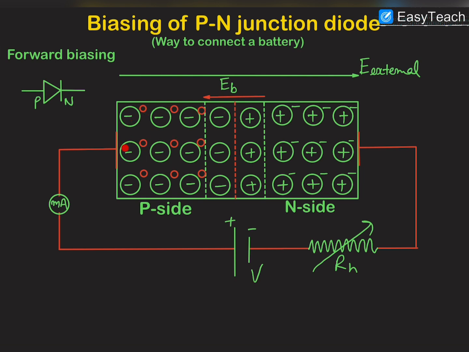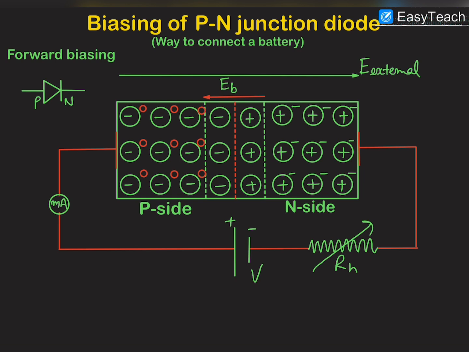The electrons taken by this battery from this diode are given to the negative side, the N side of the diode, and these electrons are supplied here, and these move forward like that. So this is how the deficiency of holes and deficiency of electrons is fulfilled by the battery. So this is very important to note.